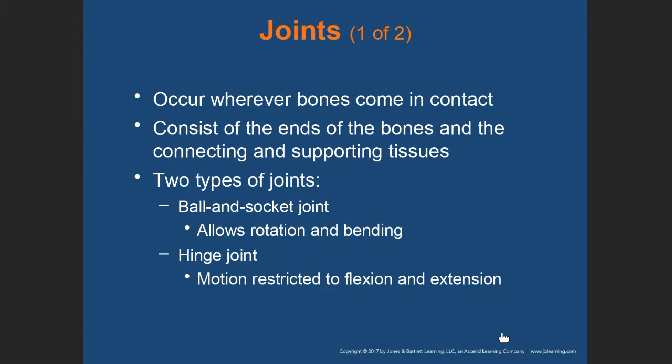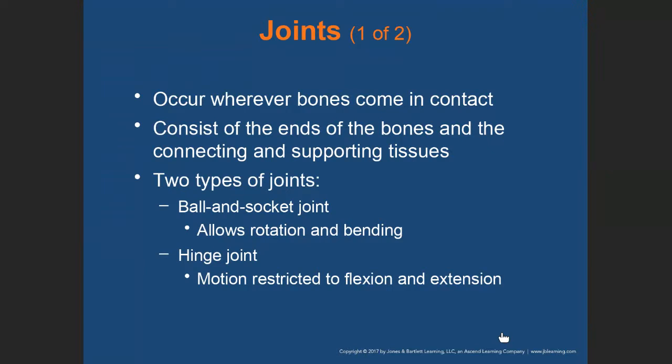It's a joint that has free range of motion. An example of that would be the shoulder joint. Or it's a joint that has limited motion, which is a hinge joint. For example, the elbow joint is a hinge joint.